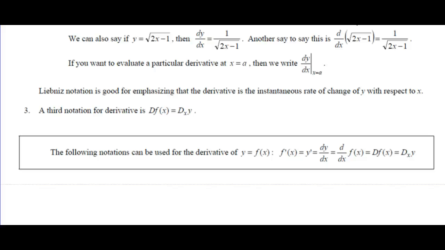Not going to see this so much. Okay, but if you're looking at another book or you're looking online, then they may be using different notation. You just recognize it. They're all just different ways of getting across the same thing, right? The derivative. All right, that's that.